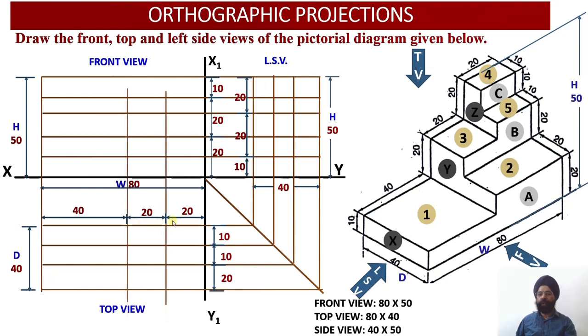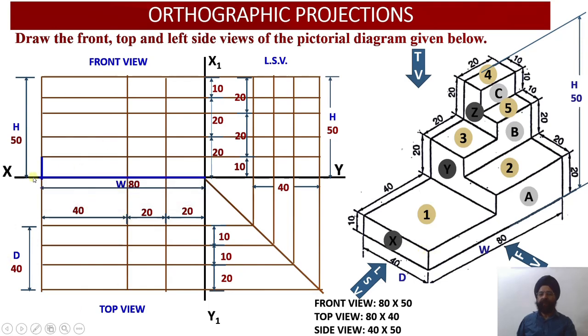Now in the front view as well as in the top view, I am going to draw 2 vertical projector lines over here. Once I draw these 2 vertical lines, it means that I have divided this solid along the width depending upon the different segments of the solid. Now we have plotted all the dimensions regarding the height, the depth, and the width of the solid.